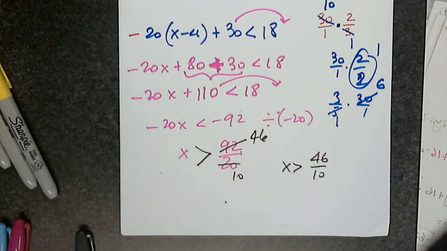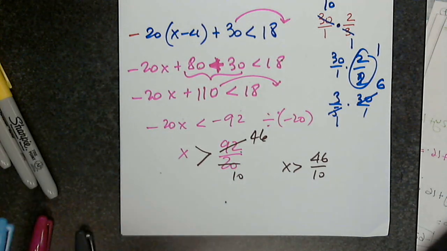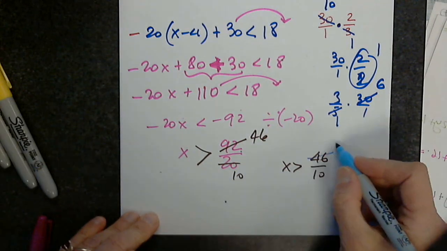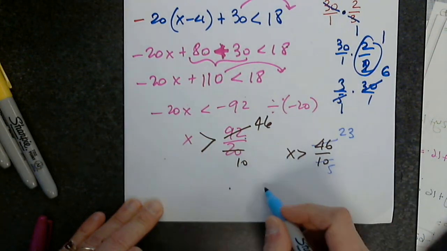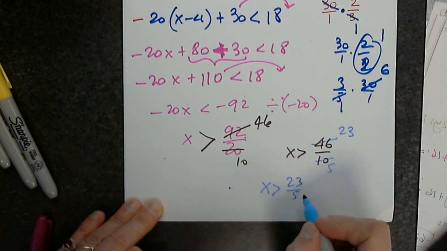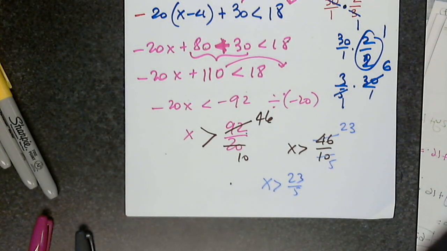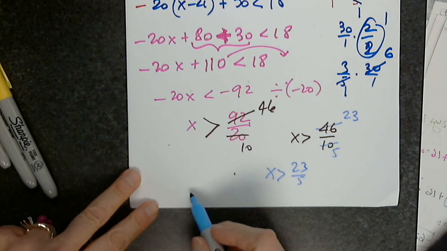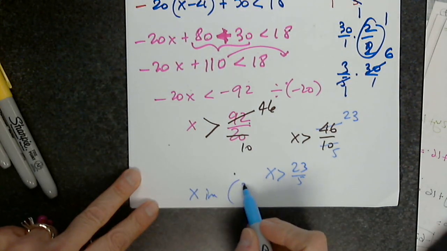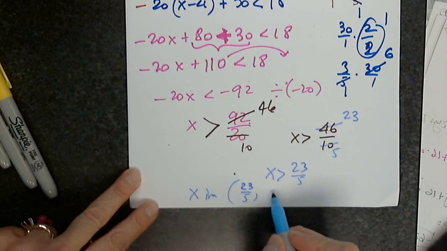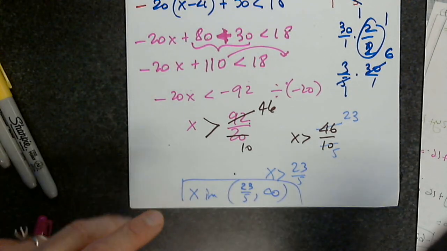So at least I can get rid of one more factor, which is 2. So 23 and 5. So x greater than 23/5. If I want to present this in interval notation, how do I write it? A number or numbers greater than 23 over 5. It would be parentheses, 23 over 5, and then infinity. Awesome. Perfect.